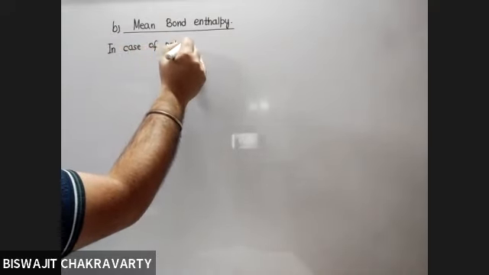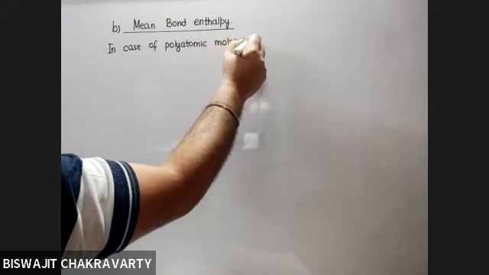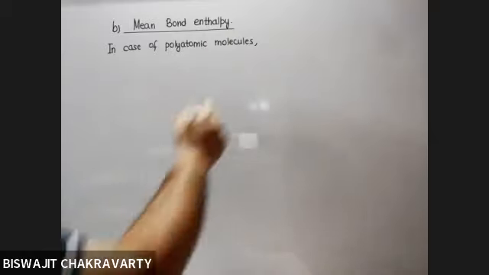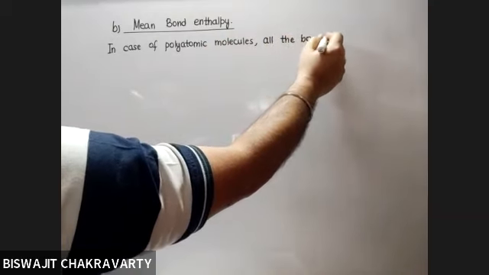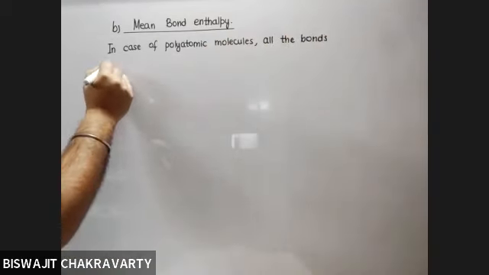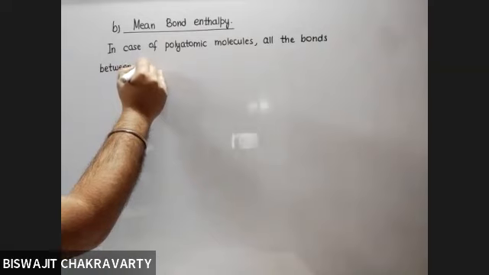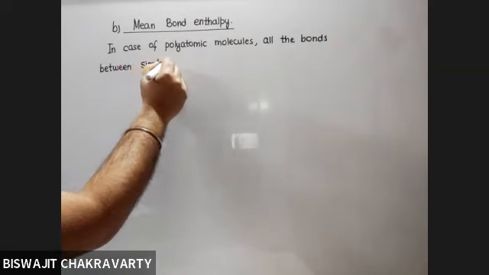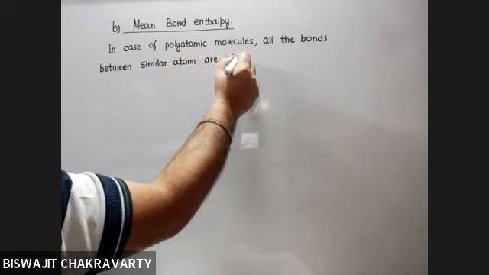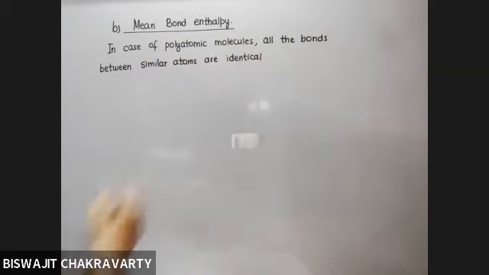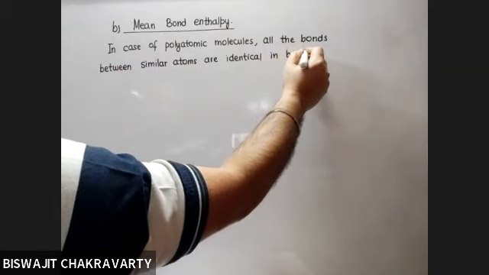In case of polyatomic molecules, all the bonds between similar atoms are identical in bond length.